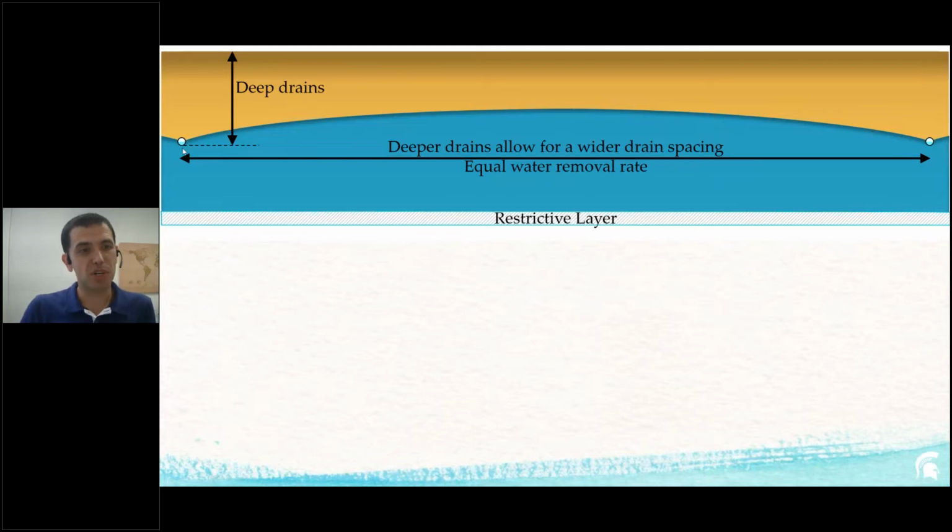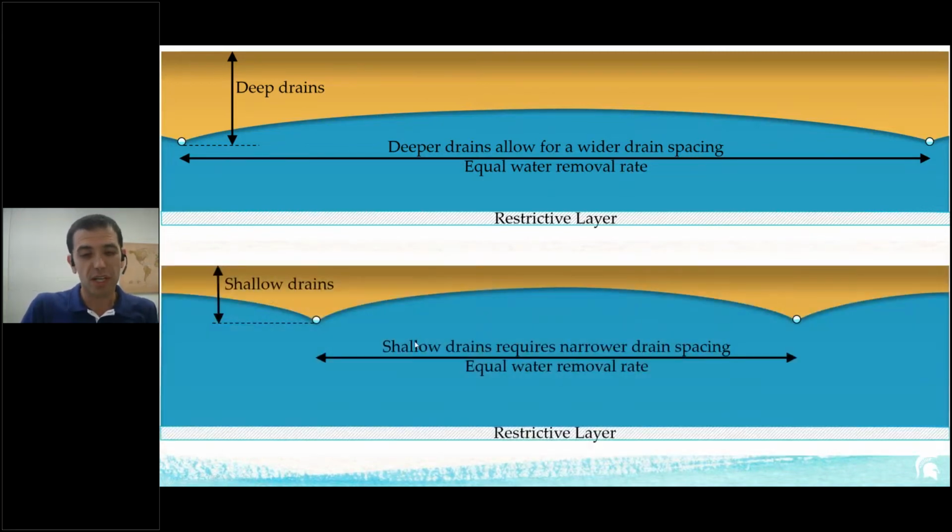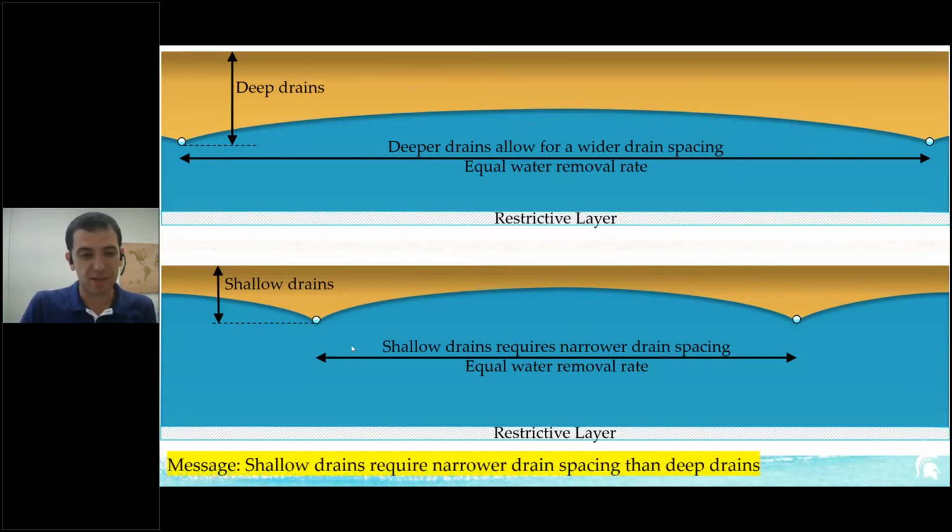When you go deeper, you can put these spacings a little bit wider. It allows for wider spacings if you do a deeper drain. But when you do shallow drains, you're going to need narrower drains. You're going to bring these closer together. So the message here is that with the shallow, you're going to come closer, the costs are going to go up, but there are going to be benefits.